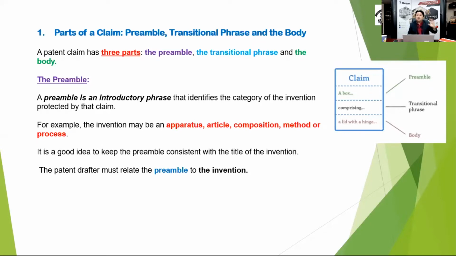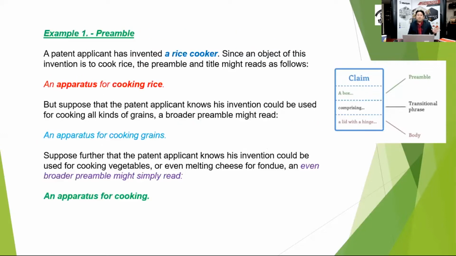These are the words we normally use for the preamble. If I want to talk about process, I will put a process of making this and that, or an apparatus of this and that.